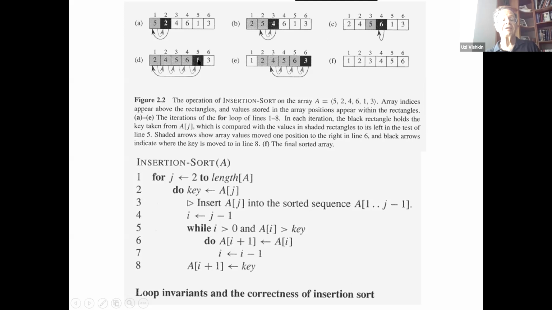Now I have these 4 sorted. Then I take 1, and I extend these 4 sorted elements to the 5th. So I compare 1 to this, and to this, and to this, keep exchanging them, and then 1 is put in its place, and finally I do it with 3, put it in its place, and so on.